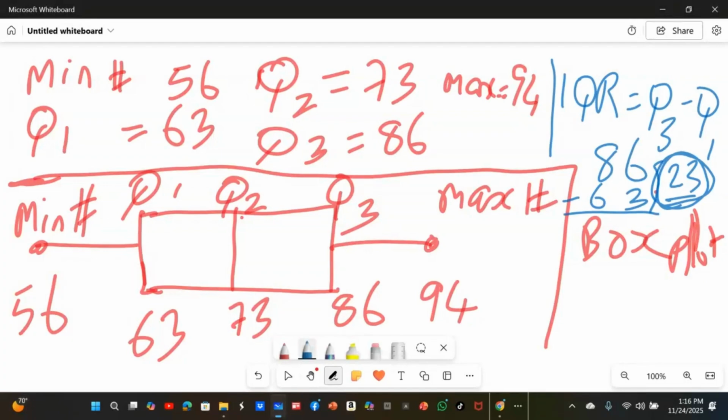The third quartile, which is 86%, the person who scored 86% did better than 75% of the class. So that's how we interpret quartiles. So that is the question on Professor Dung's first test.